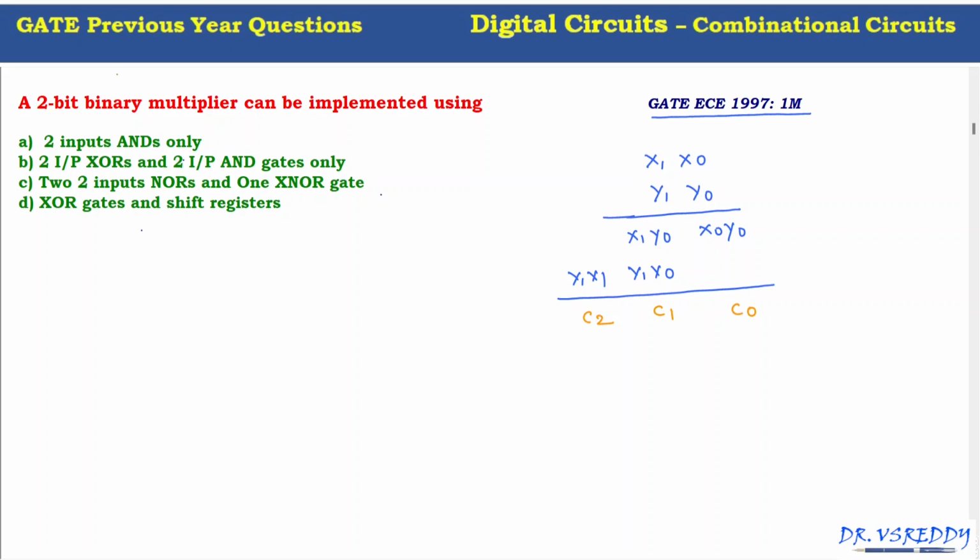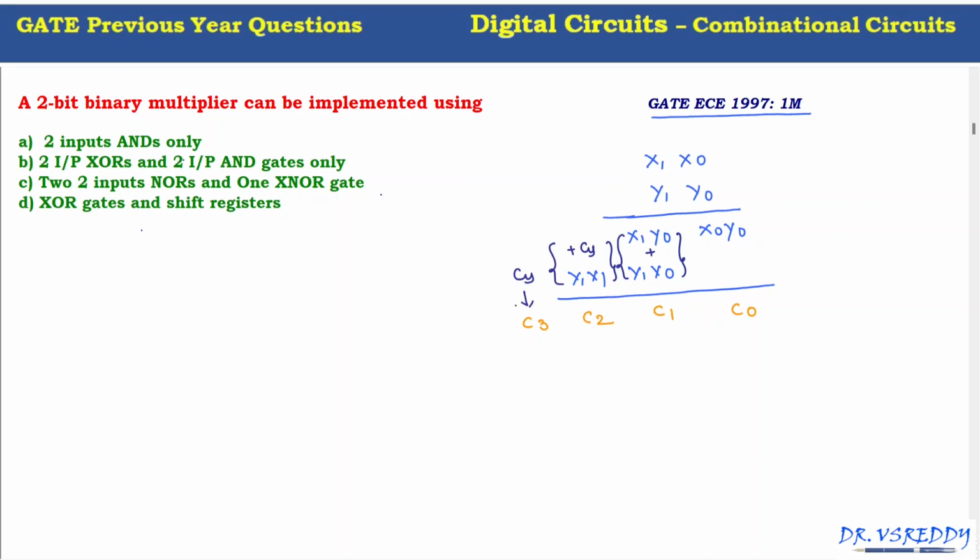But here we need to perform addition. So here we require one half adder, and we'll get some carry. Here also we need one more half adder to get this C2. If we get any carry, then we have one more digit here, C3. This is the final output.